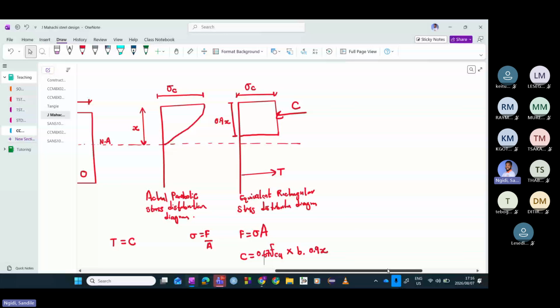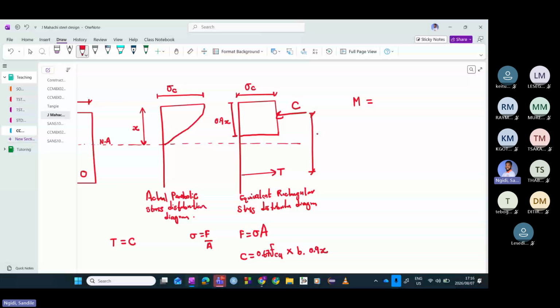If we were to take moments about T, then we know that to get M, it is just going to be equal to this distance, this lever arm, which we can call Z, multiplied by the force C. So it's just going to be equal to C multiplied by Z. This is how we can calculate this bending moment.